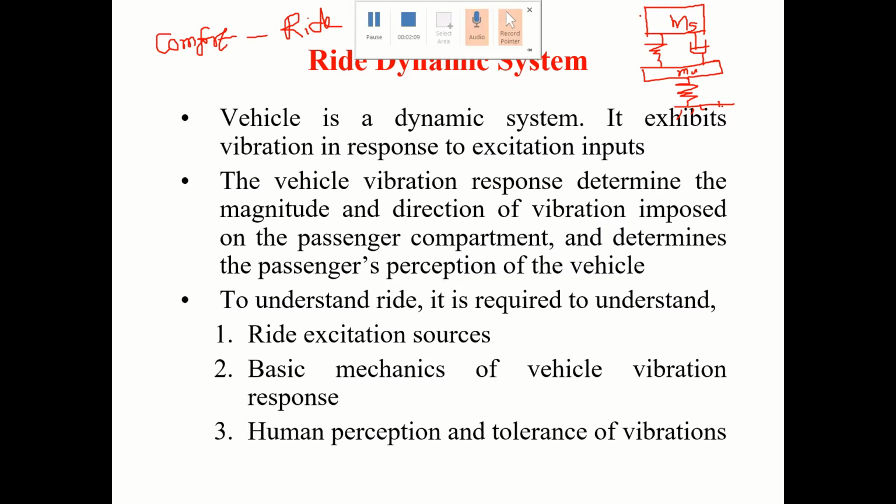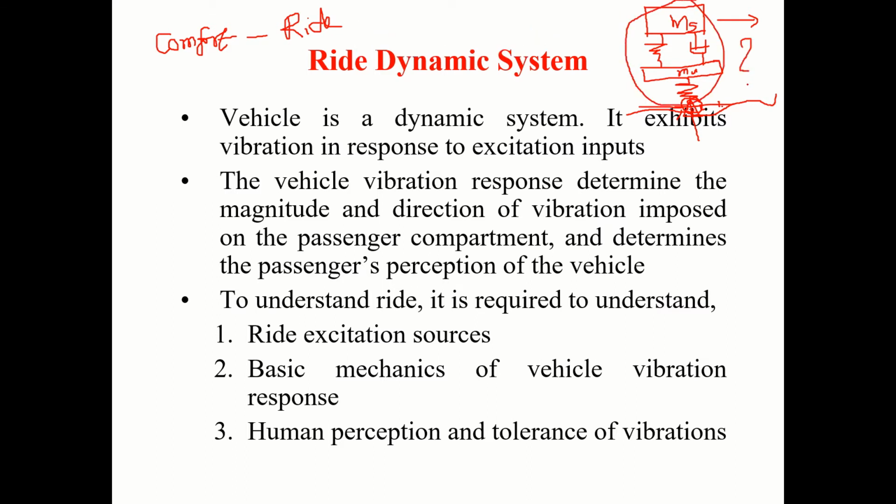This vehicle will be subjected to various excitation sources. Suppose this is the wheel of the vehicle. As it travels over this road, it will be subjected to some kind of excitation. So now the question is, how exactly does this vehicle behave under this excitation?